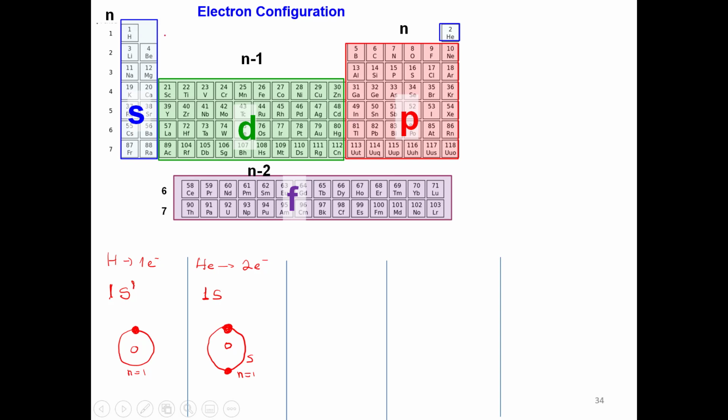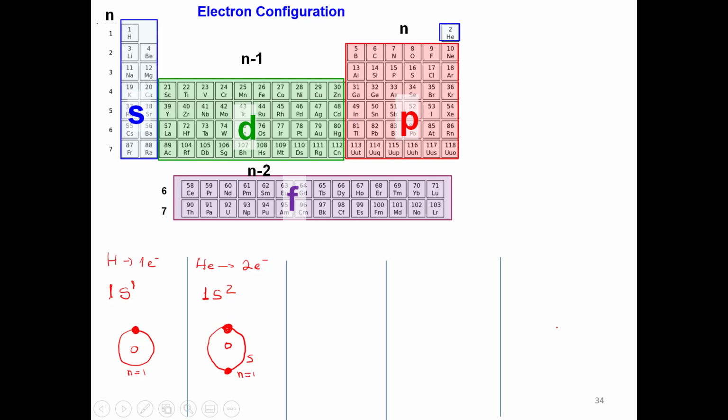Here is 2, and it's 2 electrons. And we can see here 1 is the principal quantum number, s is the subshell. How many electrons? 2 electrons in the subshell. And this is why the electronic configuration is 1s2.